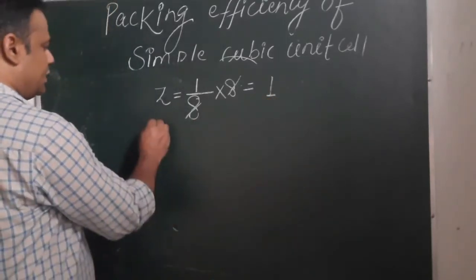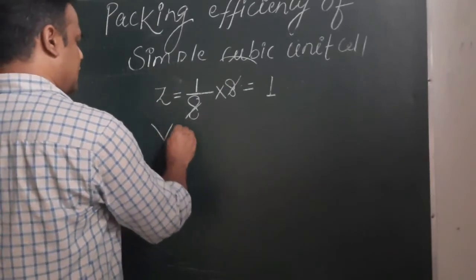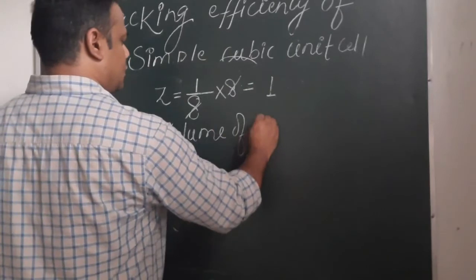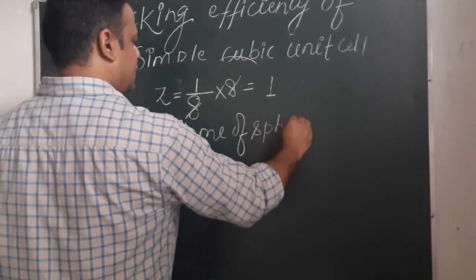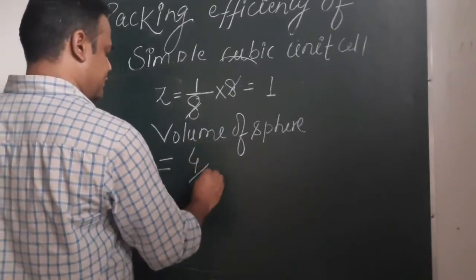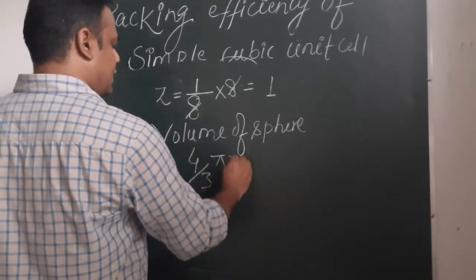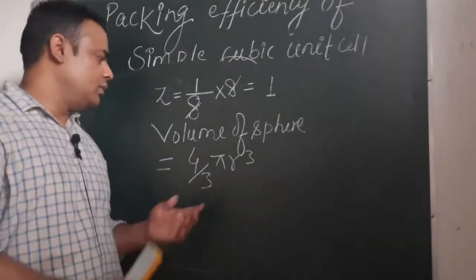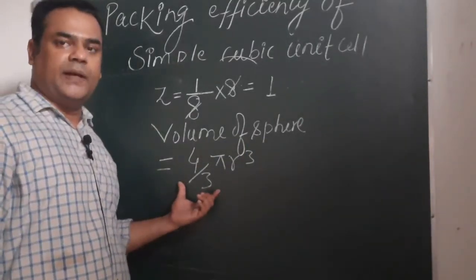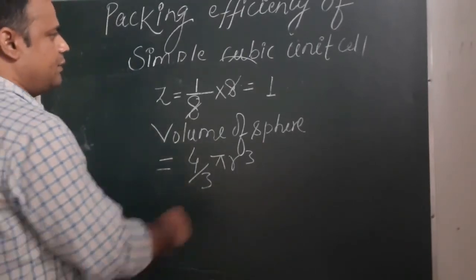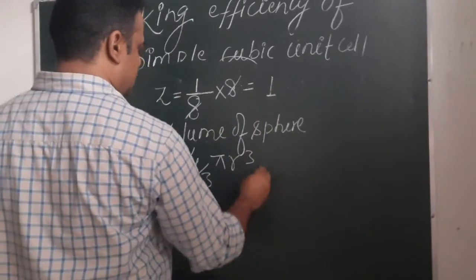And the volume of a sphere is given by the formula 4 by 3 pi r cube. This is the volume occupied by one constituent particle, so obviously we will multiply it by 1.